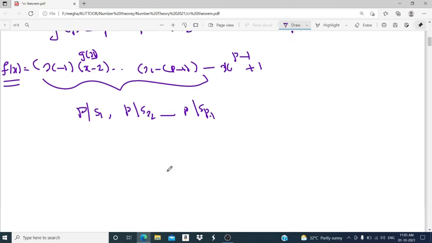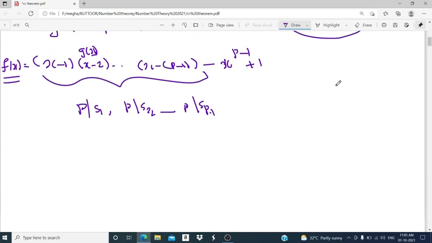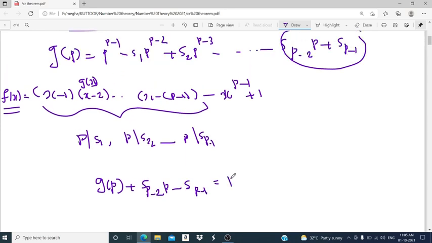Okay, now this is g of p, and we will take these two terms on the left side. We will get g of p plus s_{p-2} into p minus s_{p-1} is nothing but p to the power p minus 1, minus s1 p to the power p minus 2, plus etc., plus s_{p-3} into p square.